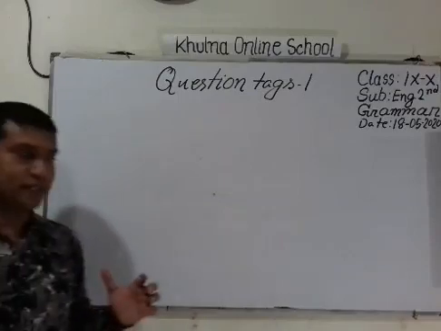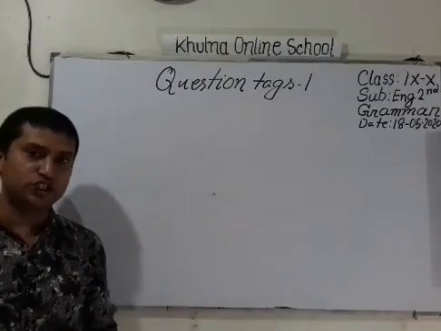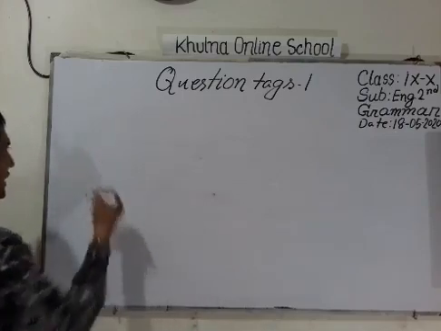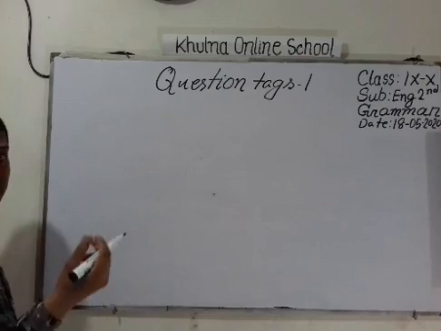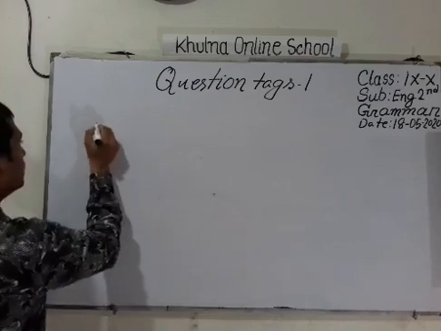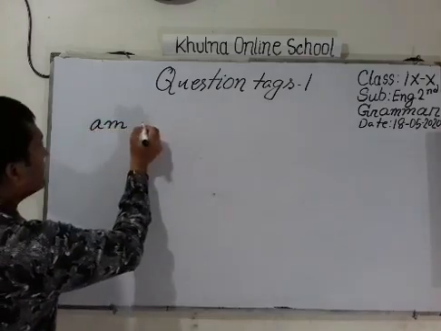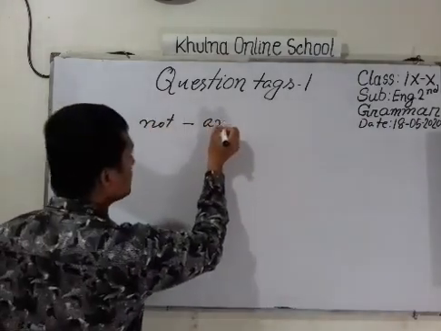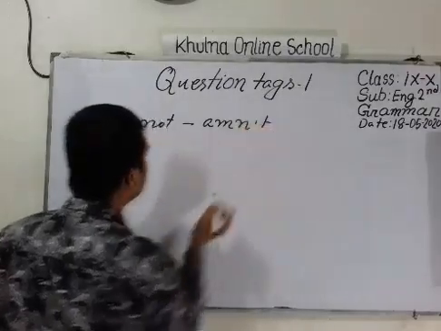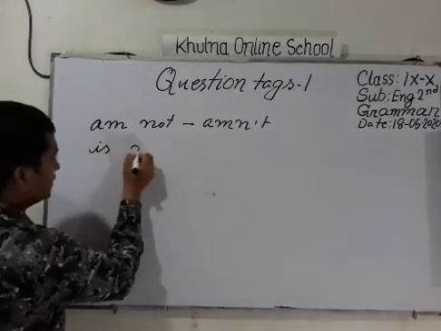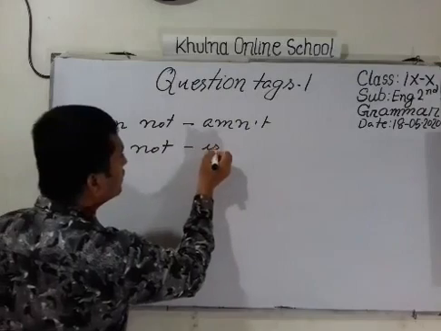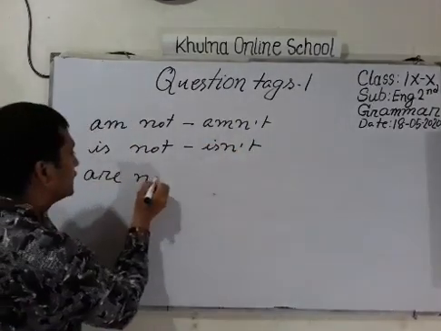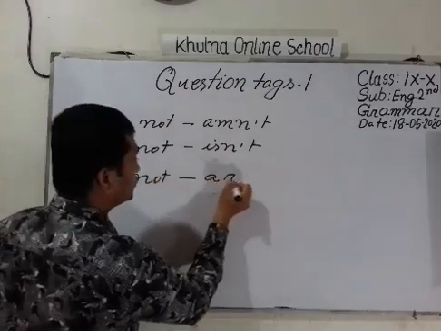Okay, students, you need one more thing, and that is the short form of auxiliary and negative not. For example, I am writing here a few words. For example, am not shortens to amn't. Okay. Is not, isn't. Are not, aren't.